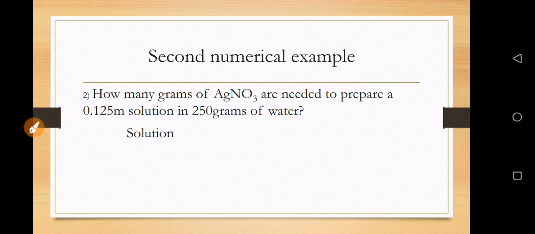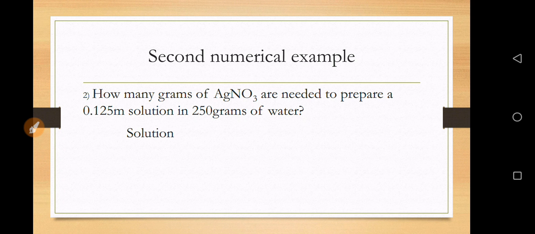Let's look at a second numerical example. In this case, we have been asked to calculate how many grams of silver nitrate are needed to prepare a 0.125 molality solution in 250 gram of water.